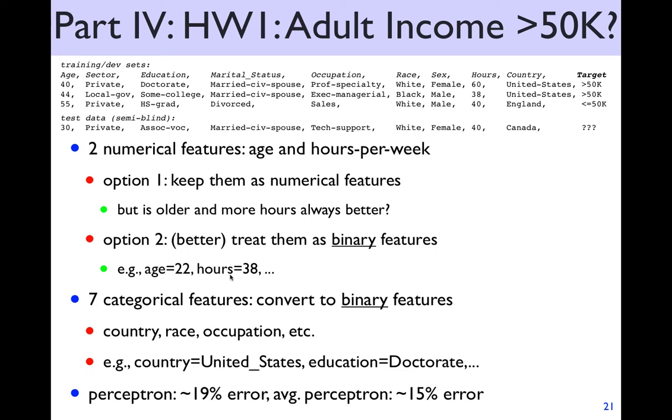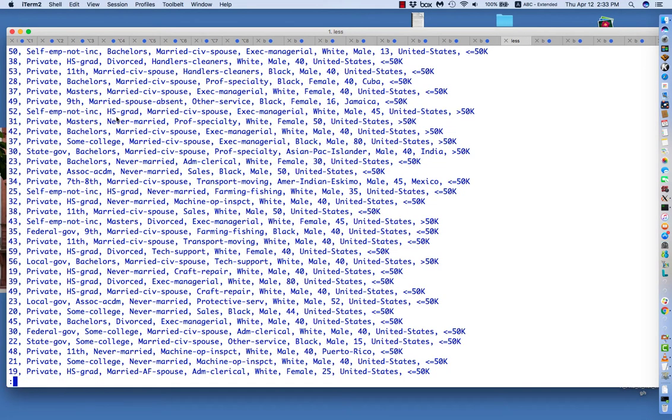So, for example, this first person in the training set is age 50, then among the age features, from age equals 1 to age equals, let's say, 100, only age equals 50 is on for that person, okay? All the other age equals whatever features are off or negative.